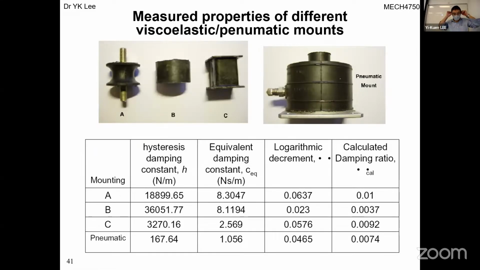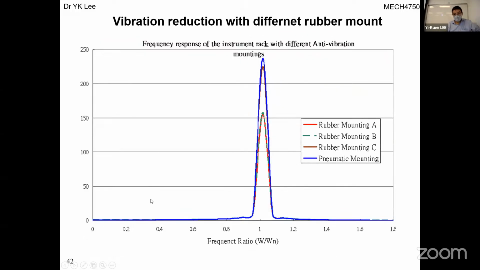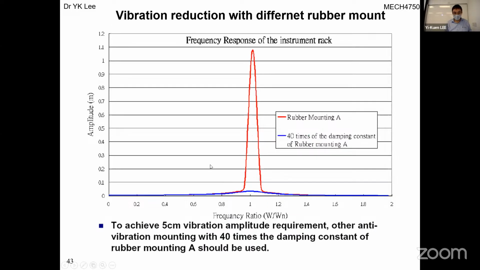In this case, we considered adding additional viscoelastic damper material, for example, mounts A, B, C pneumatic, right? Once we build a 1 degree of freedom model and add different kinds of additional viscoelastic mounts, we can see how good the vibration amplitude of our system is.